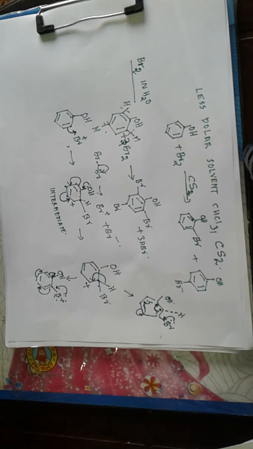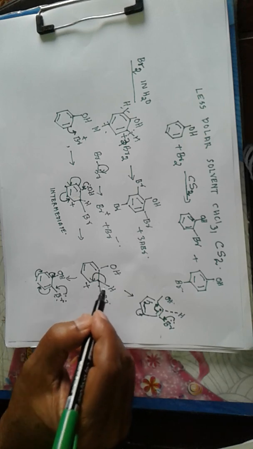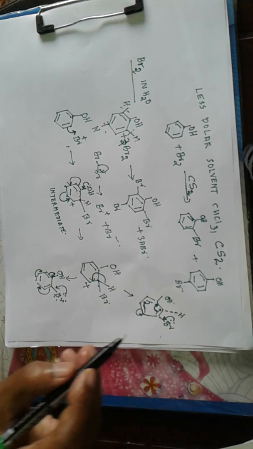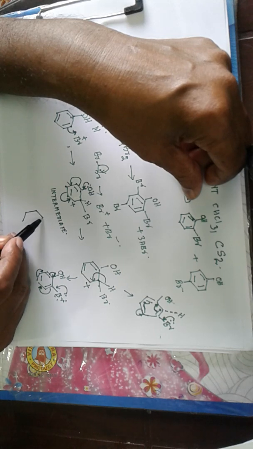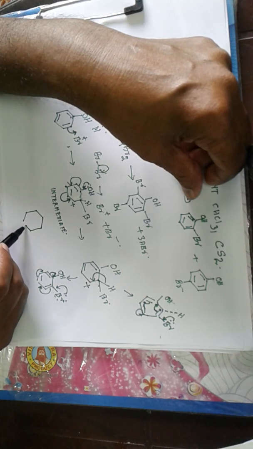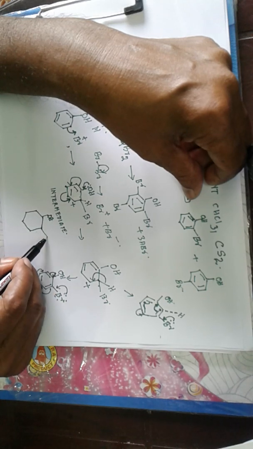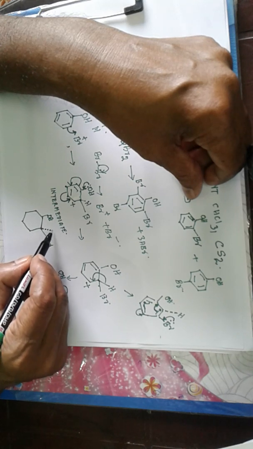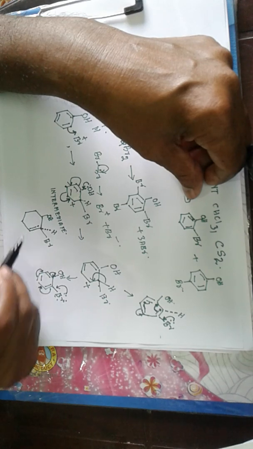Now one reason for this behavior is that the transition state leading to the breakage of the C-H bond will be one in which there is a partial bond between carbon and H. There is a partial bond formation here.